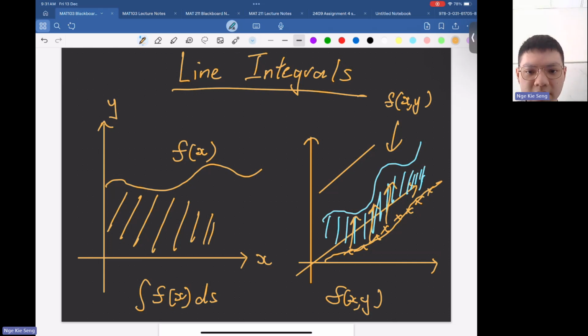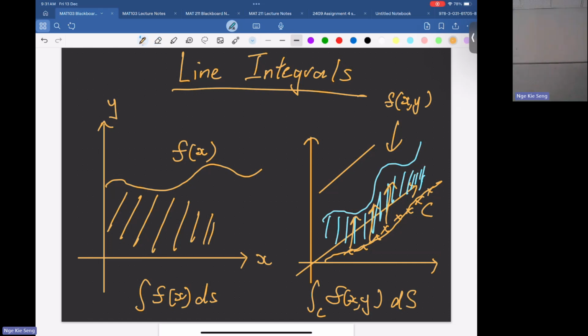This region, let's call it C, this line here. Integrate over C. And then what should we put here? dx dy? In fact, we will write it as a capital dS here. We have seen it before, right? Remember last time we wanted to compute the length of the curve?